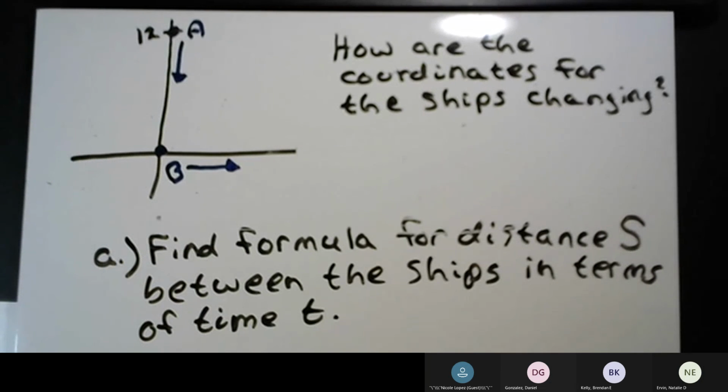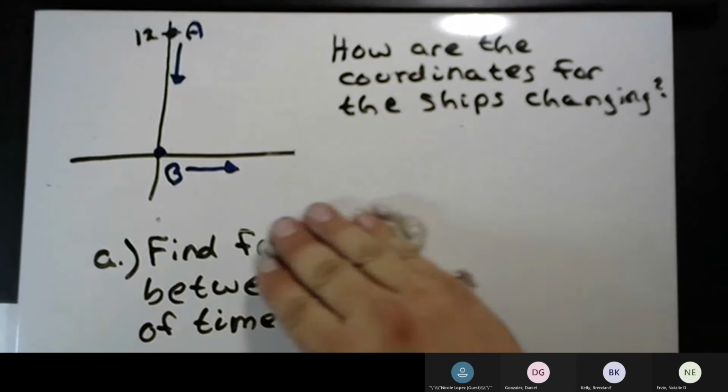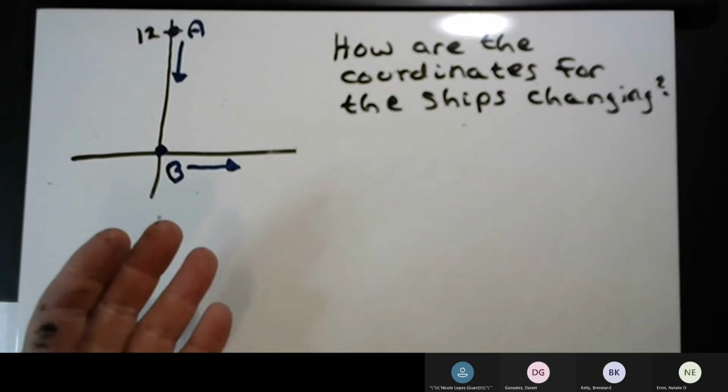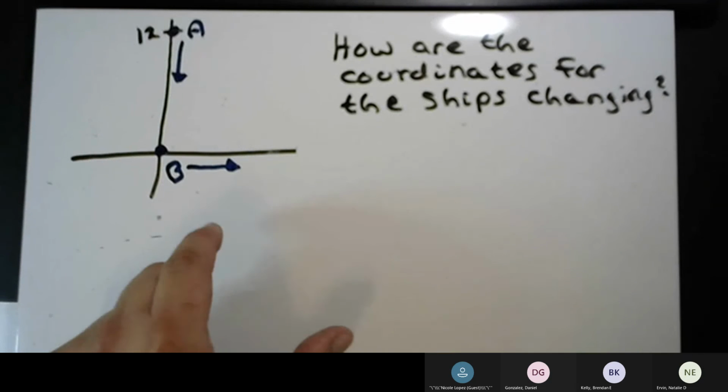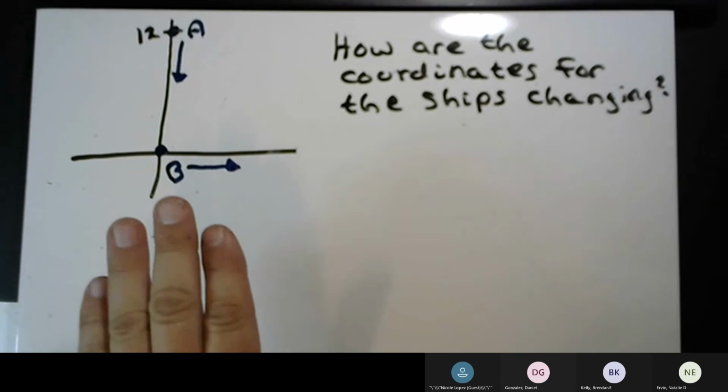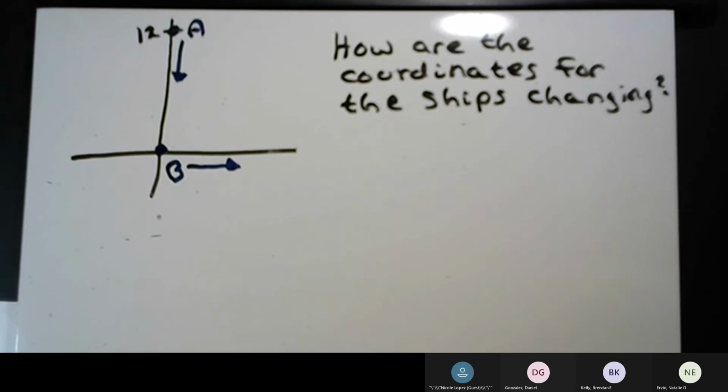So as time passes, how are the coordinates for these ships changing? Because if we think in terms of coordinates, we know how to find the distance between 2 points using the distance formula.